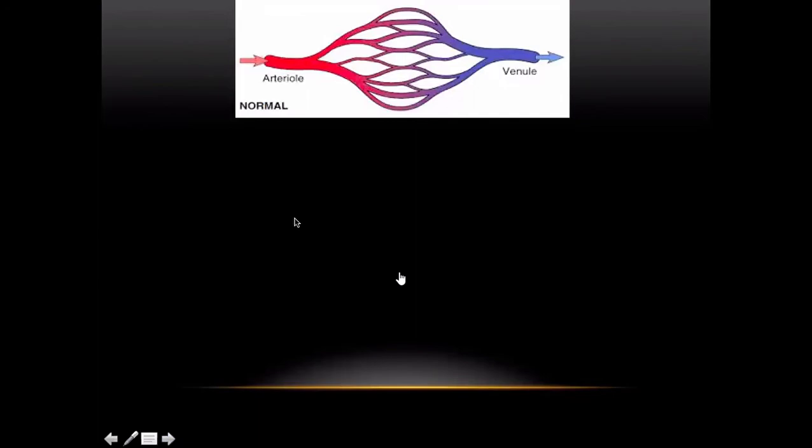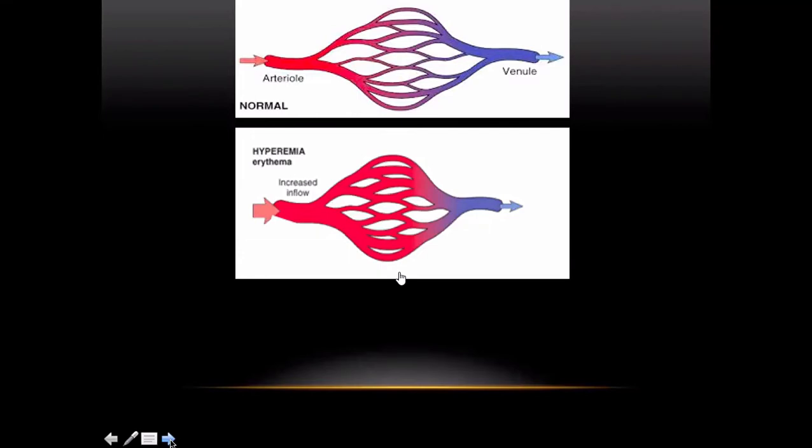So that will be the term congestion. Remember, we have the arteriolar end and the venular end. The arteriolar end is reddish, oxygenated, whereas the venular end is a lighter blue. This is normal.